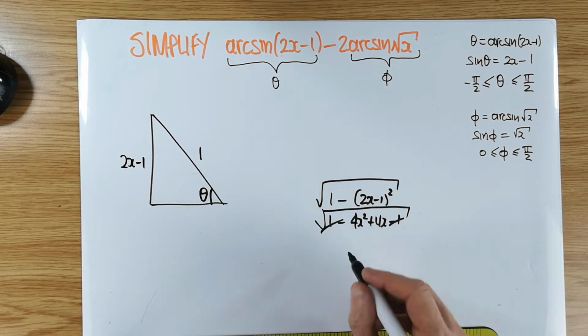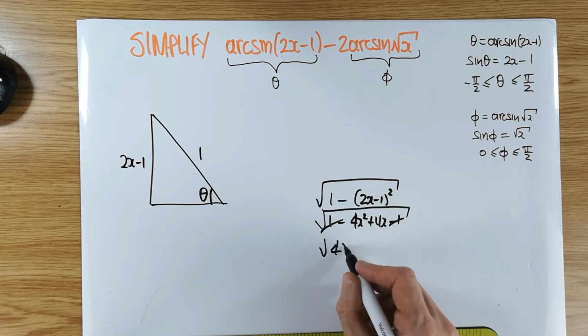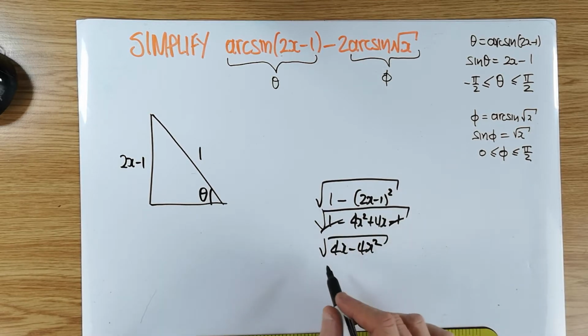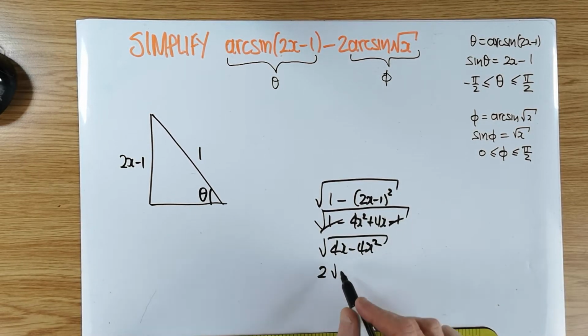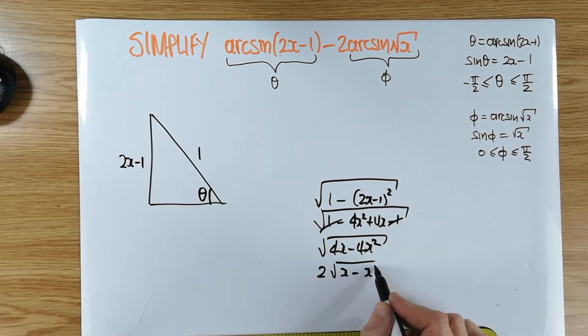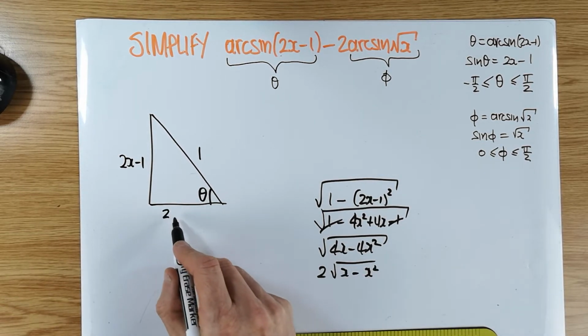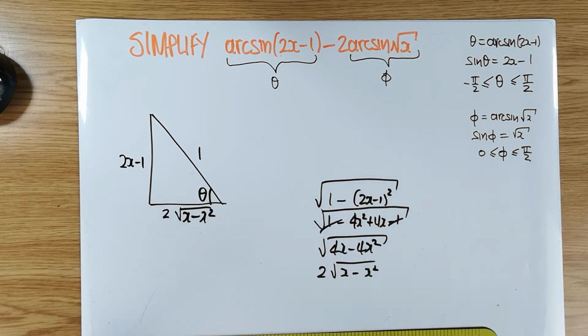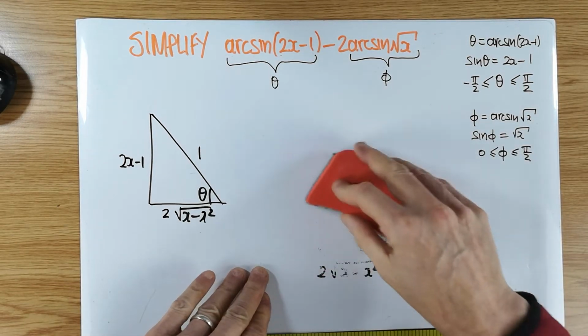This will cancel, and inside the square root I get 4x minus 4x squared, and it might be sensible to factorize a 4 out of the square root. So that's the missing side: 2 times the square root of x minus x squared. And I'll get the cos in a minute, I'm going to write it on the side.